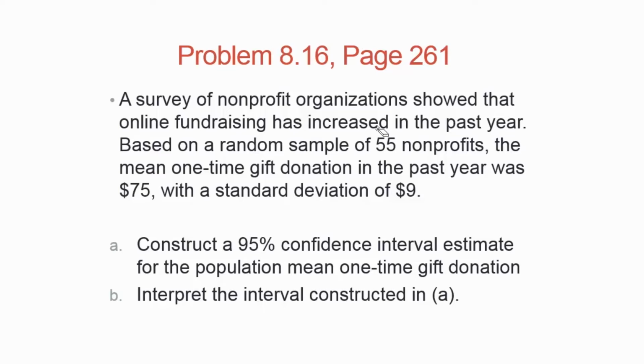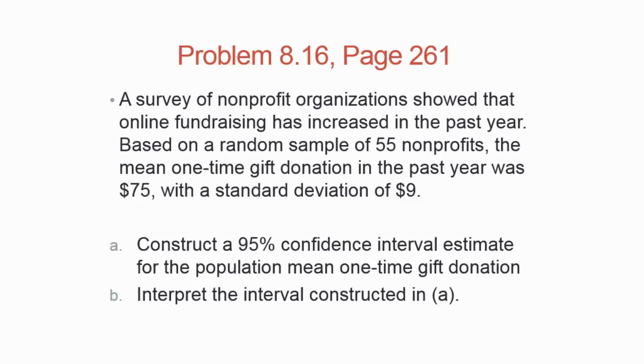Based on a random sample of 55 nonprofits, the mean one-time gift donation in the past year was $75 with a standard deviation of $9. So we have some information given here: a random sample of 55, a mean of 75 that we found in our sample, and a standard deviation of 9.